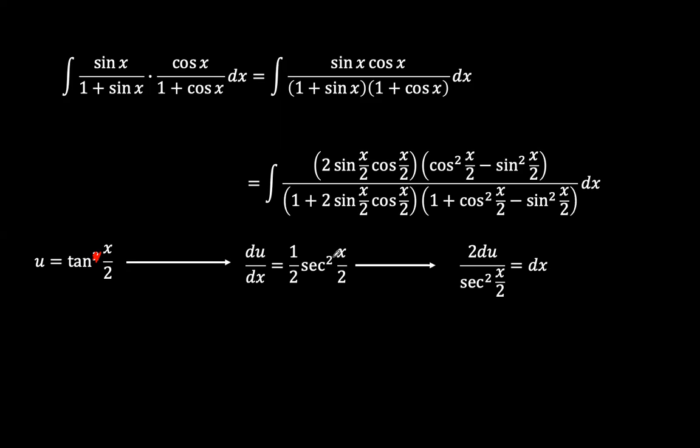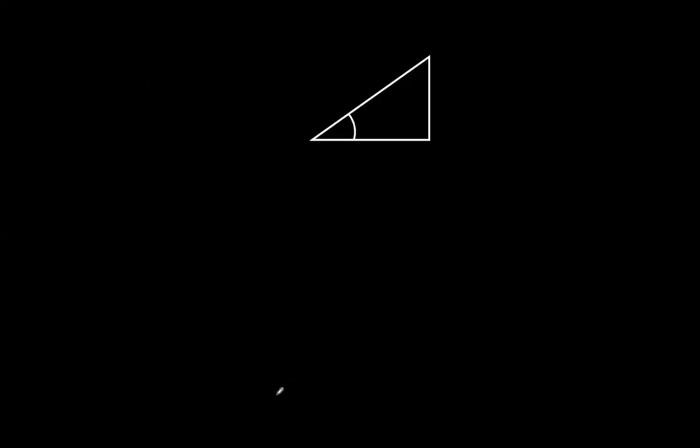And that means now 2 du over tan squared x over 2 plus 1, since sec squared x over 2 is the same as tan squared x over 2 plus 1. Expressing this tan squared x in terms of u, the same as u squared, so we can substitute dx with 2 du over u squared plus 1.